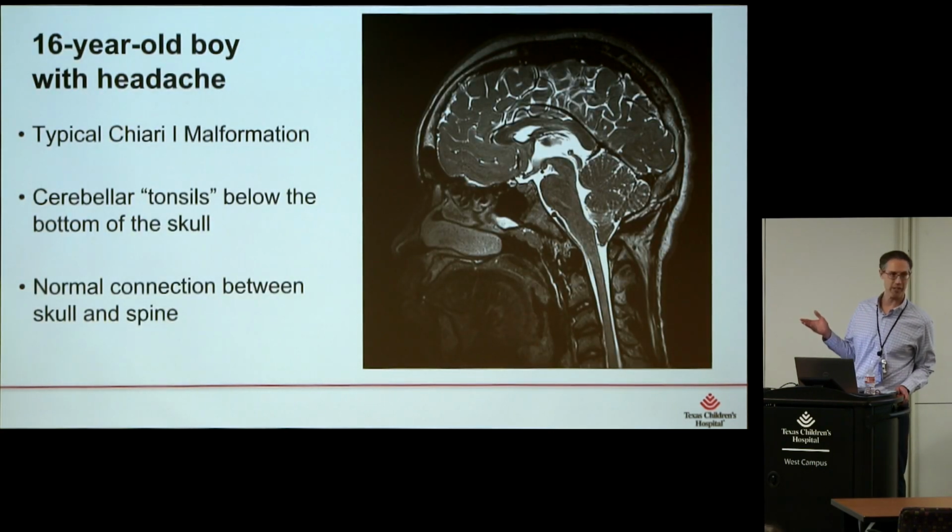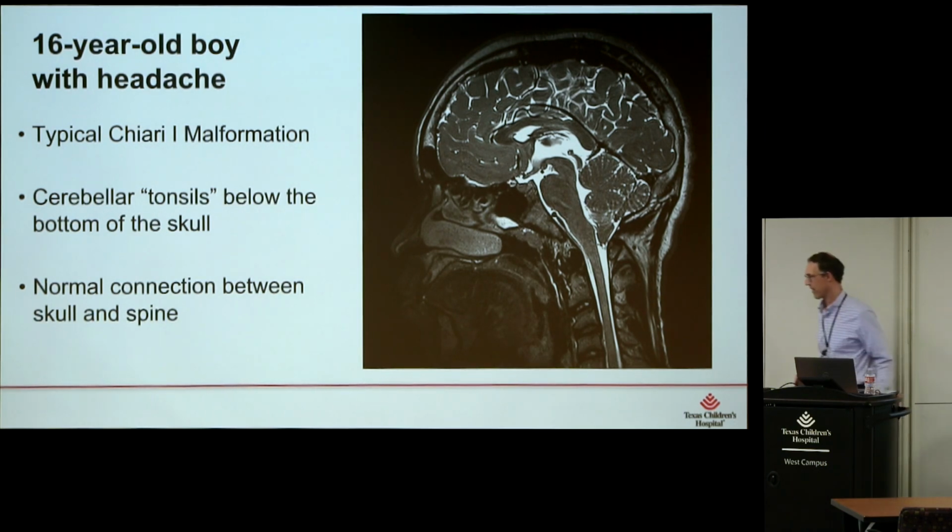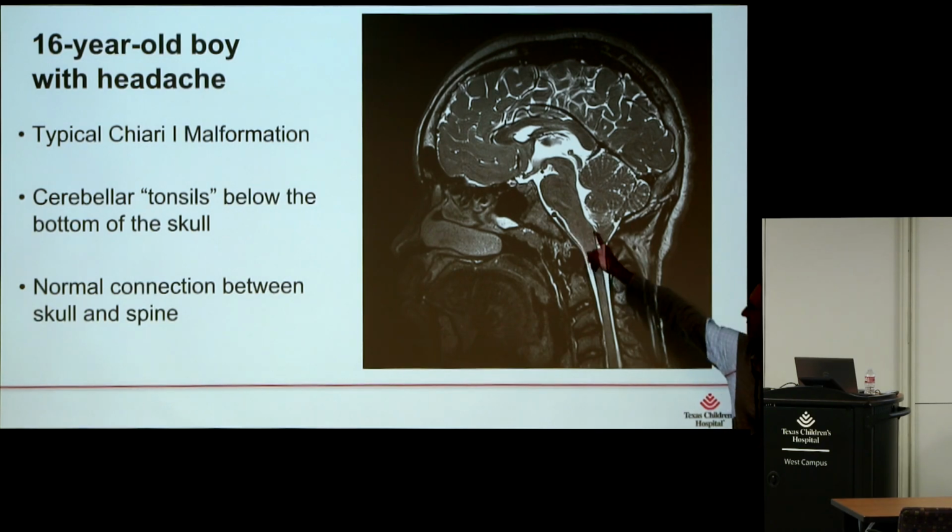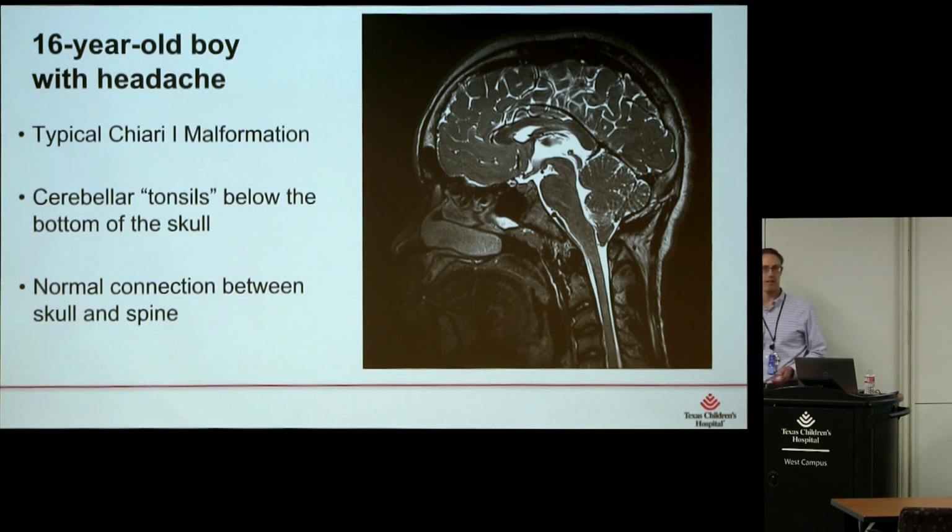This is someone with Chiari, and so the things that you can see over here, the cerebellar tonsils, you can see how they're coming down below a line that's here at the bottom of the skull, and so that's the definition of Chiari, and this is really based on radiologists. So a radiologist said, well, how can we define Chiari?